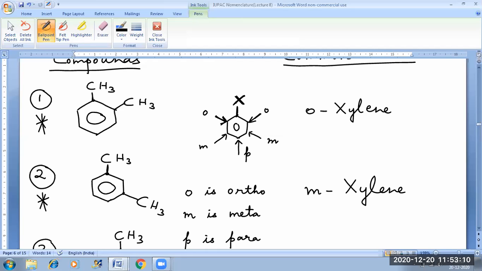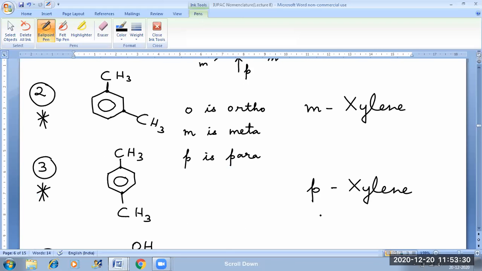Because here one CH3 is attached, here another CH3 is attached, but here nothing is attached. So at the ortho position, there is no group attached. The meta position is occupied by CH3. That is why this is called m-xylene. Likewise, this will be called p-xylene because the two CH3 groups in this are diametrically opposite to each other.